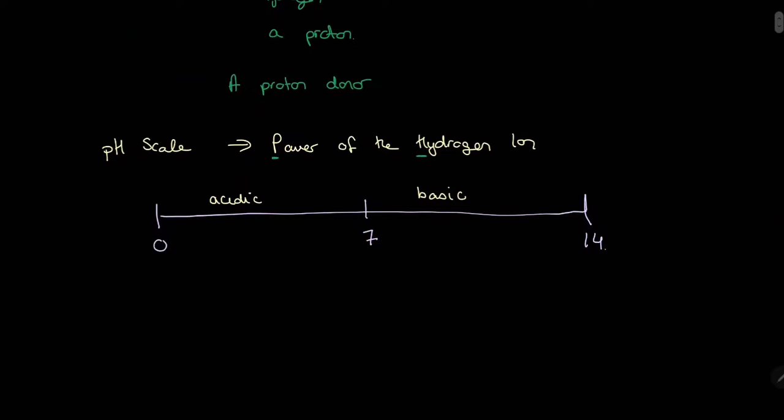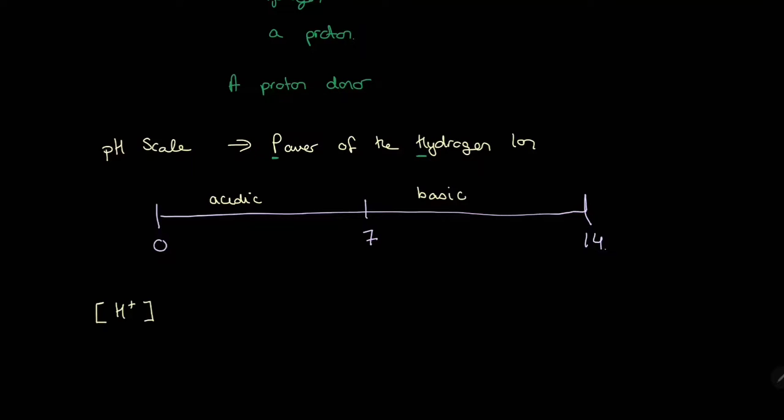Now what that actually means, if we break it down, is that it's to do with concentration. Anything that you see in closed brackets like this represents the concentration of the hydrogen ion. Okay, pH, the power of the hydrogen ion. Let me fill in some numbers here.